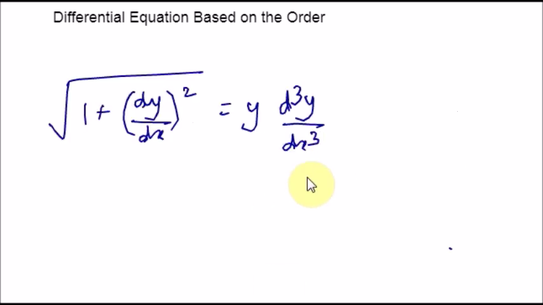Here is another example. Please have a glance over this. This equation involves fractional powers, and we must first get rid of them. How do we get rid of the square root? As I said already, we have to square the equation throughout. I mean squaring both the sides of the equation. So on squaring, you will get 1 plus dy over dx the whole square equal to y square times d cube y over dx cube the whole square.